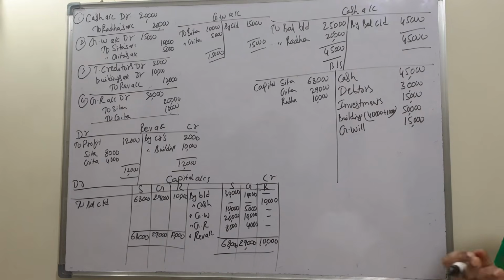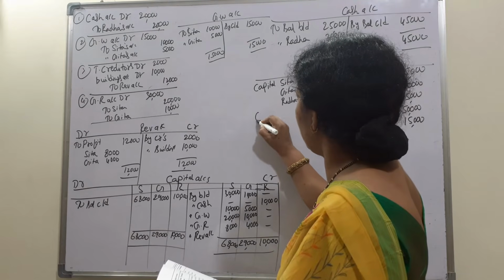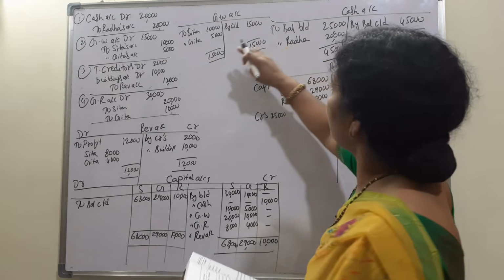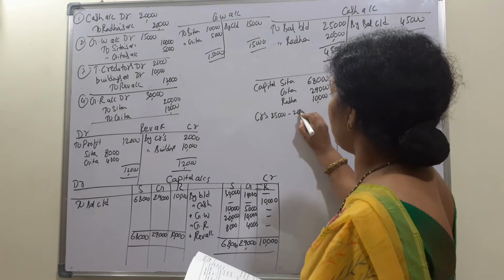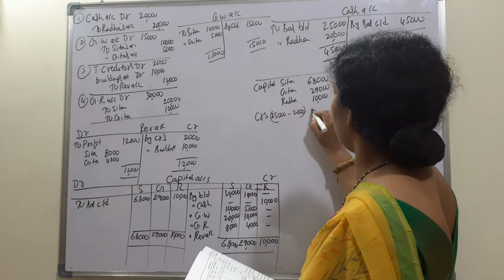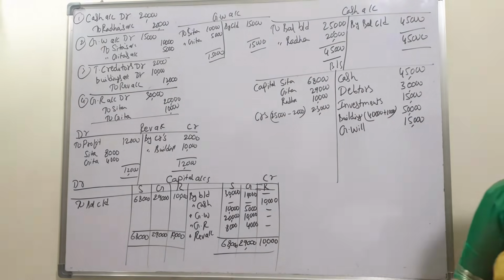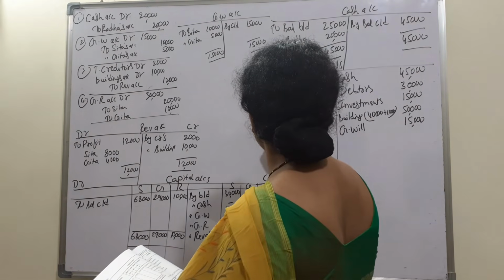Creditors value is 25,000, but the value is written on the credit side, so we have to decrease it. So it is 23,000. Next, bills payable 15,000.